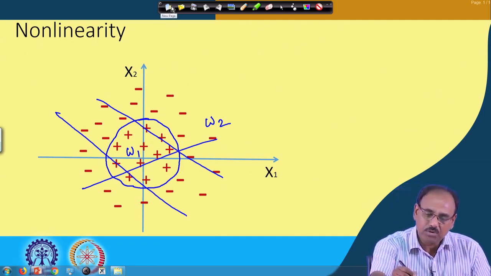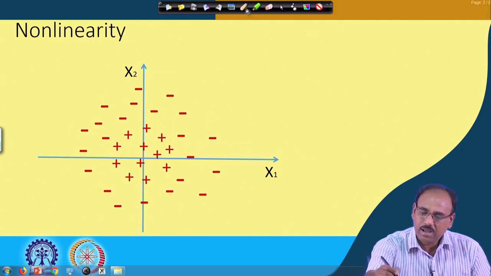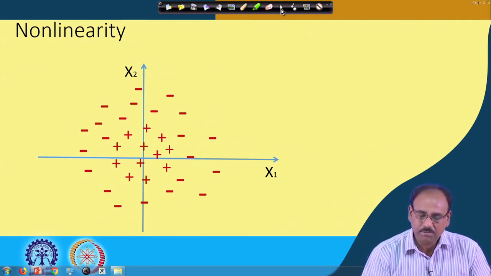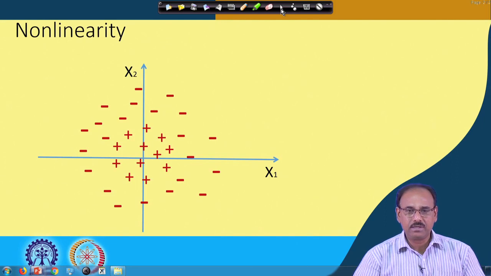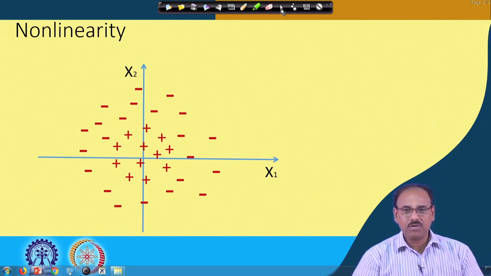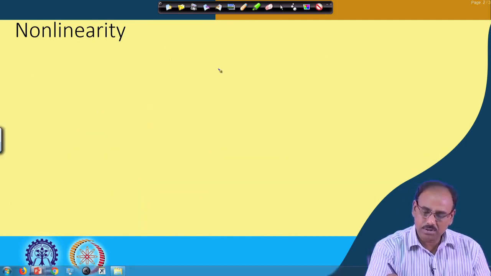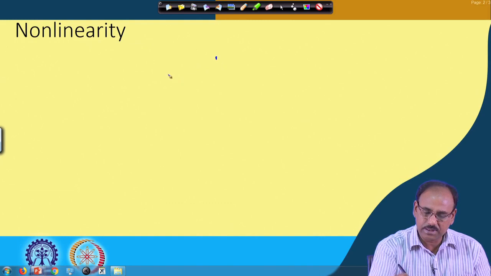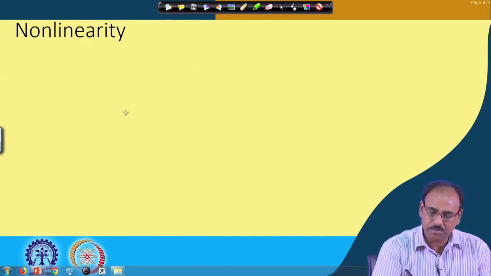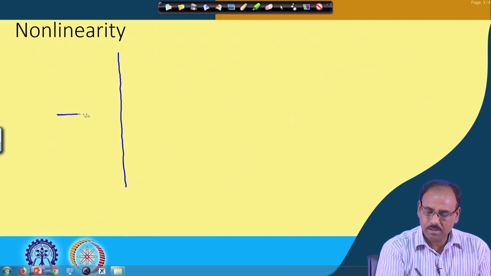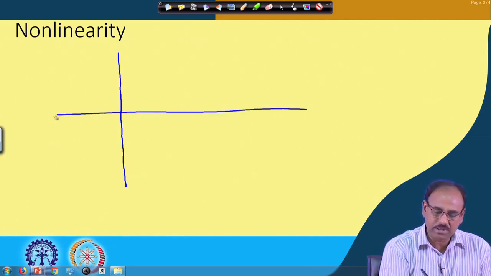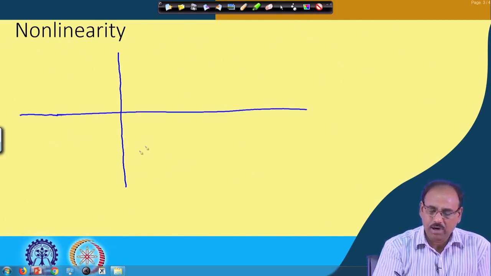So, what can we do in such cases? Let me simplify the problem. Instead of taking vectors in 2 dimensions, let us consider vectors in 1 dimension, or scalar features. As I said, I have the features in 1 dimension.